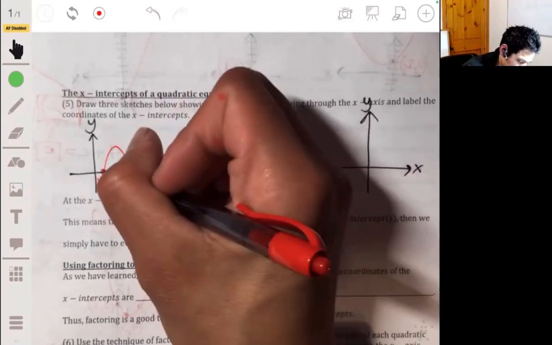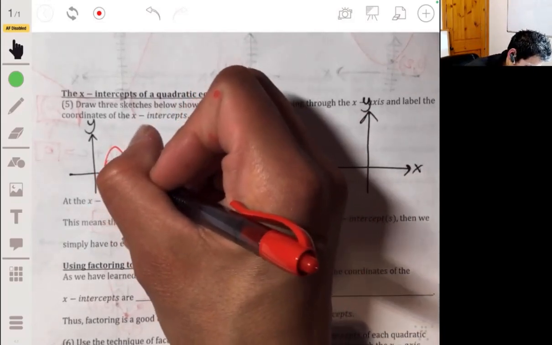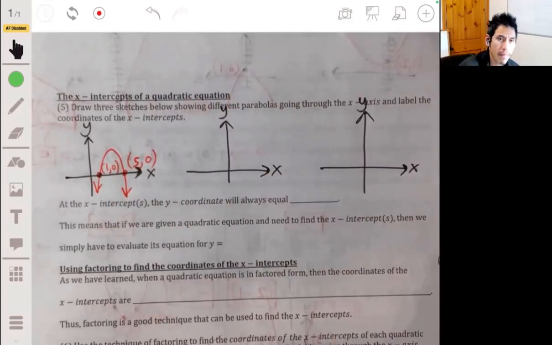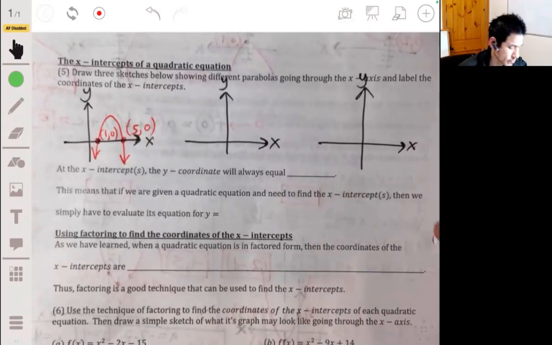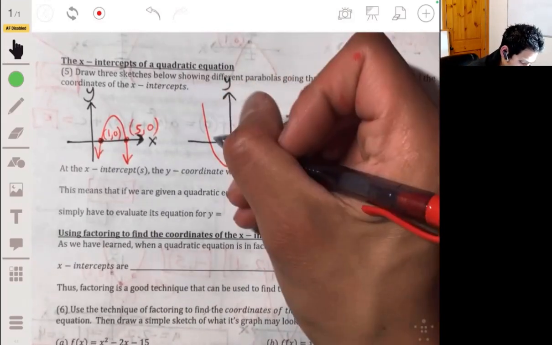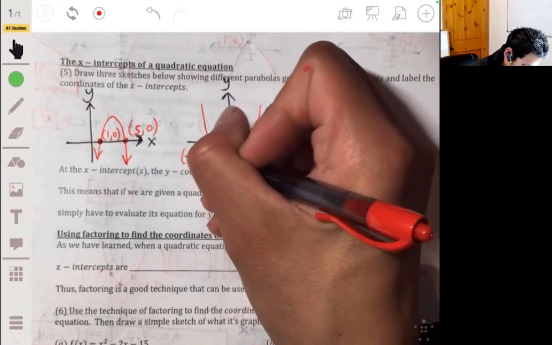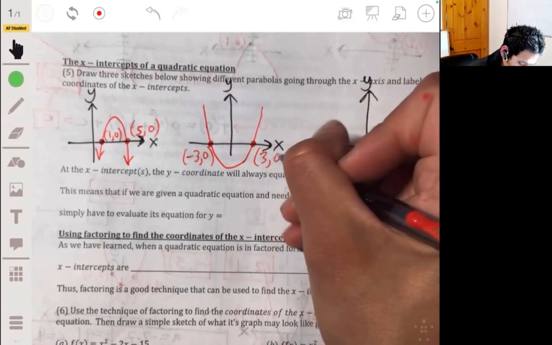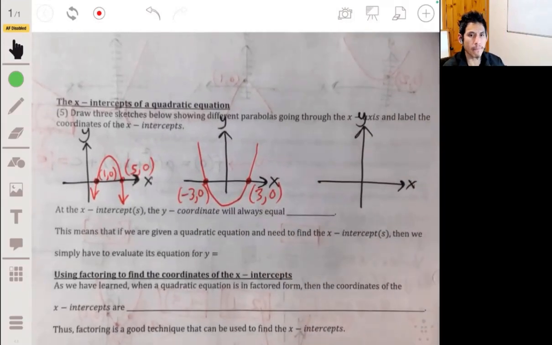They both have to be positive, so we'll call that (1, 0) and (5, 0). Not a problem. Let's make one going upwards like this. This will be negative, so let's say that's (-3, 0) and (3, 0). Cool.